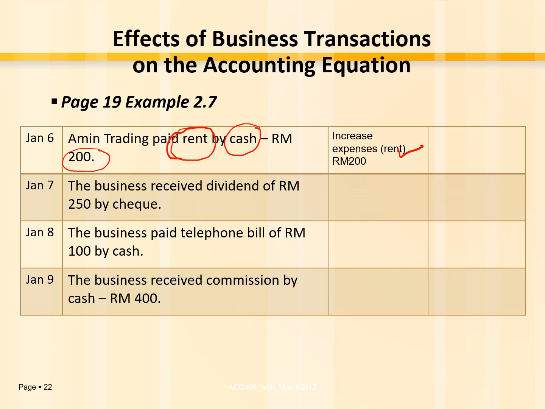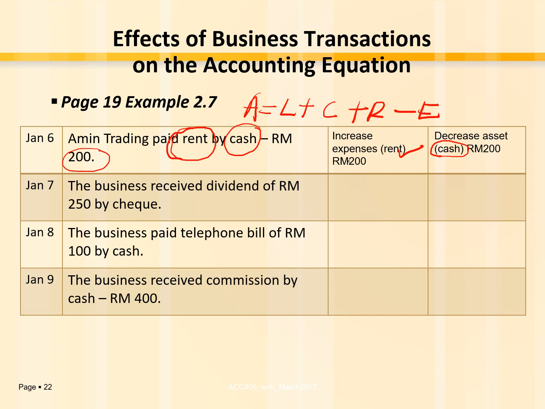then at the same time dia akan decrease your asset by 200. The asset is cash. So balance, right? Because asset equals to liability plus dengan capital campur dengan revenue tolak dengan expenses.